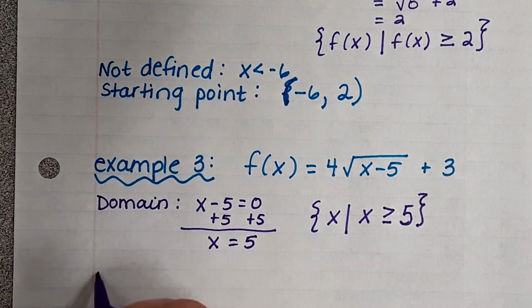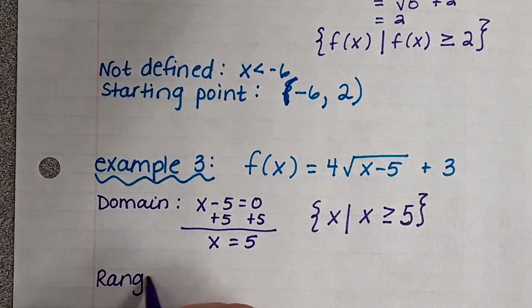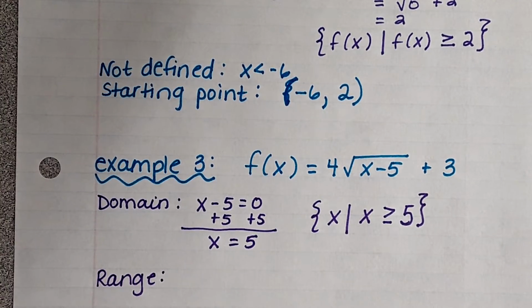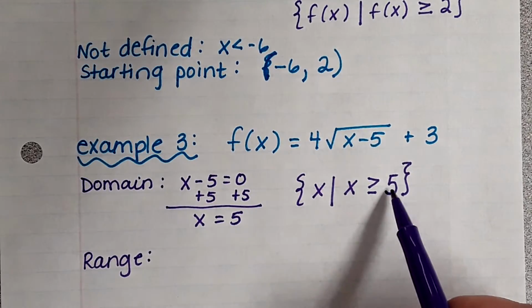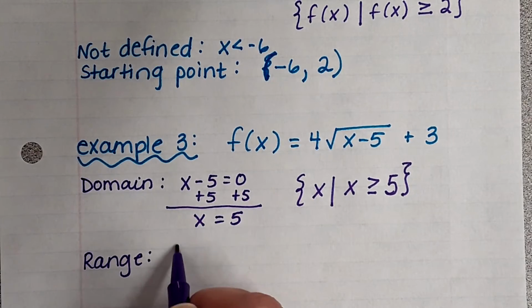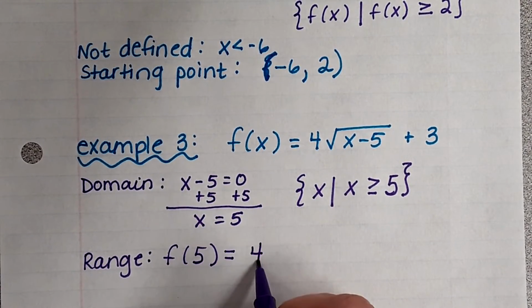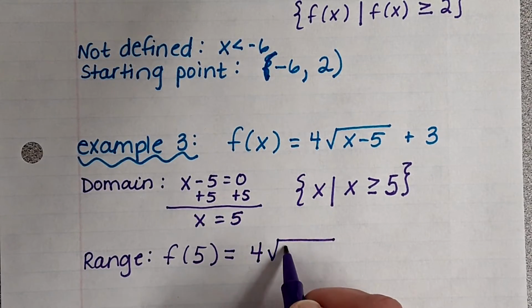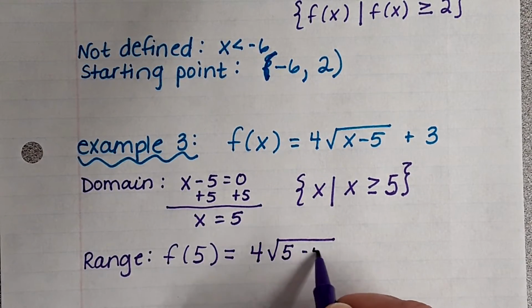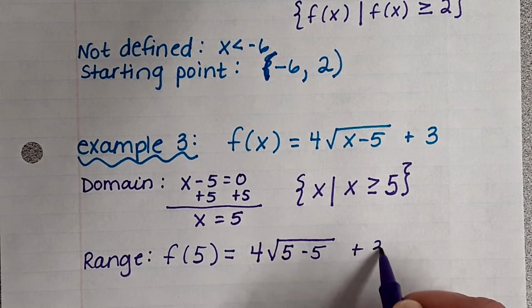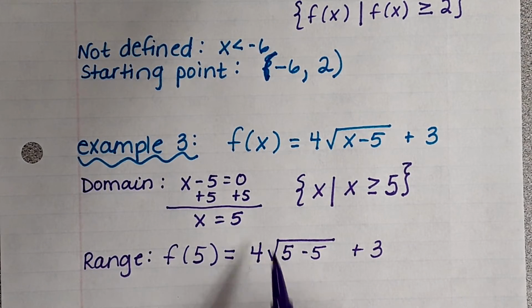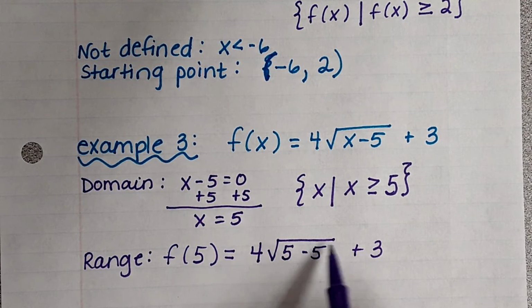My range, what I'm going to do with my range now is I'm going to take this 5 and plug it in. So it's going to be f of 5 equals 4 square roots of 5 minus 5 plus 3. Now you guys, remember, this is 4 times the square root.